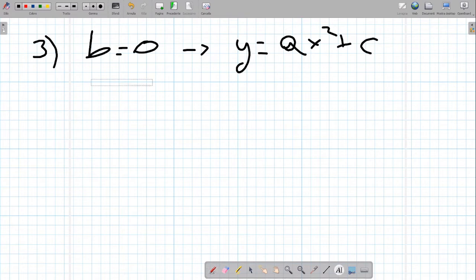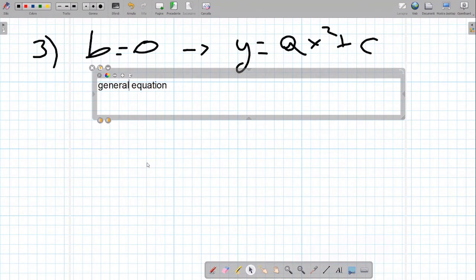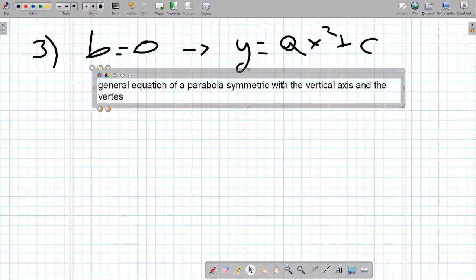And this can be defined as the general equation of a parable which is symmetric with the vertical axis, and the vertex of the parable has coordinates at the point 0, c.